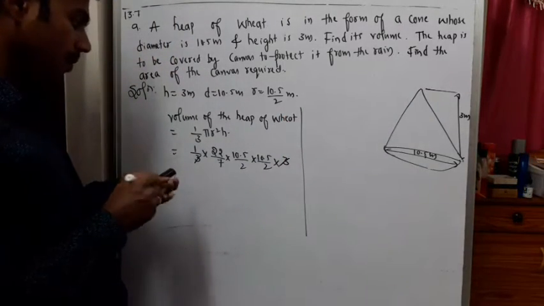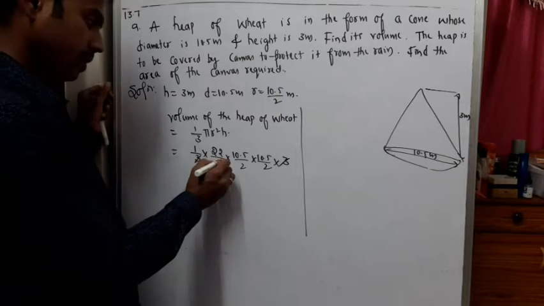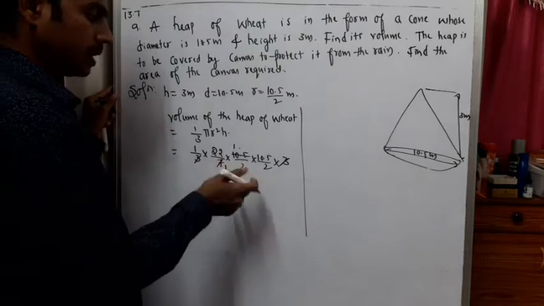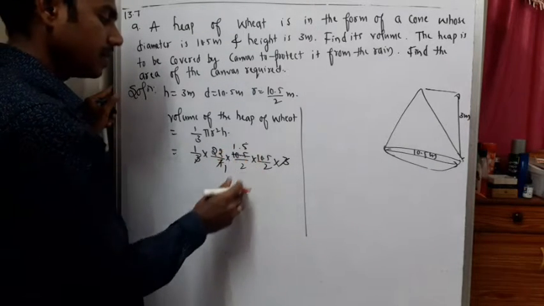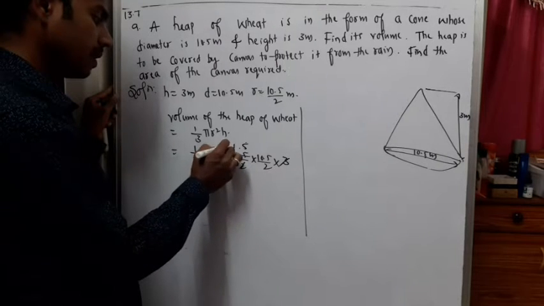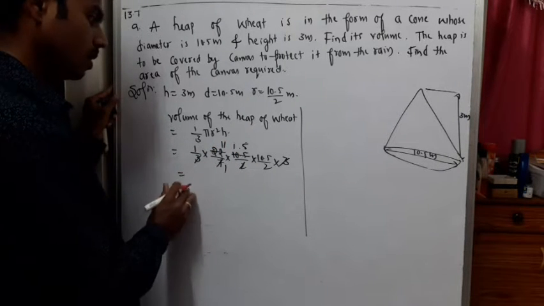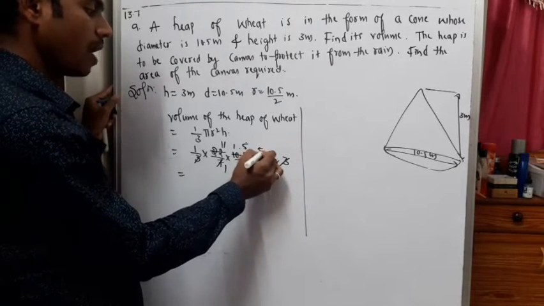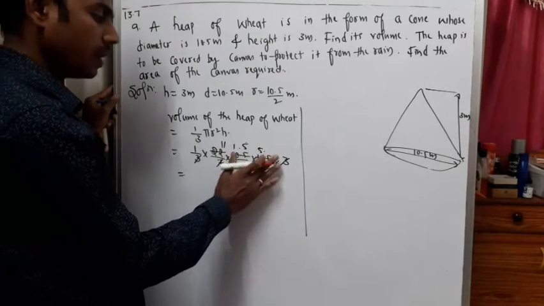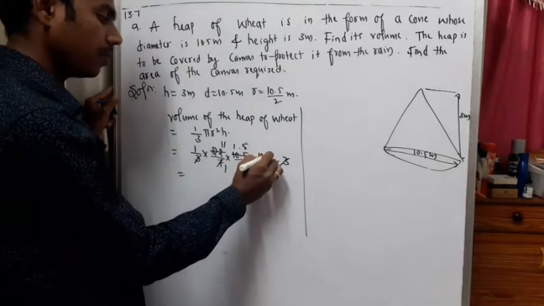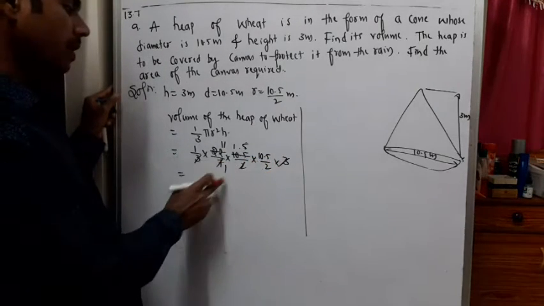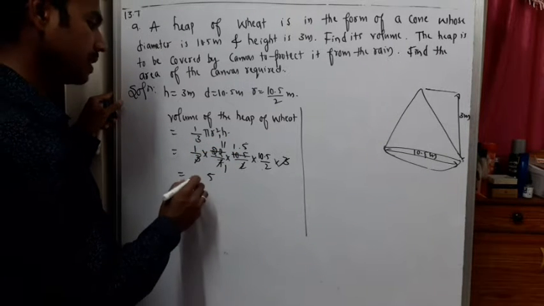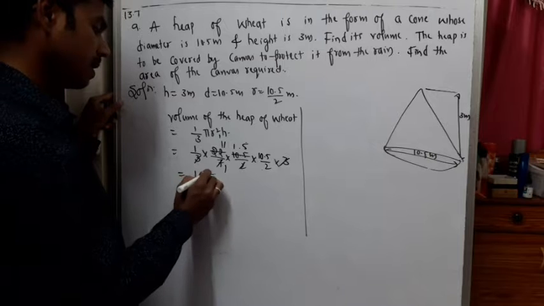Fine. Now 7 1s are 7. Again 7 1s are 7. 3 left, 35. 7 5s are 35. 2 1s are 2, 2 11s are 22. Fine. Now 2 5s are 10. Or else we'll keep this as it is, 10.5 divided by 2. Now 11 into 1.5. 15 1s are 15, carry 1, 15 plus 1 is 16, that is 16.5.